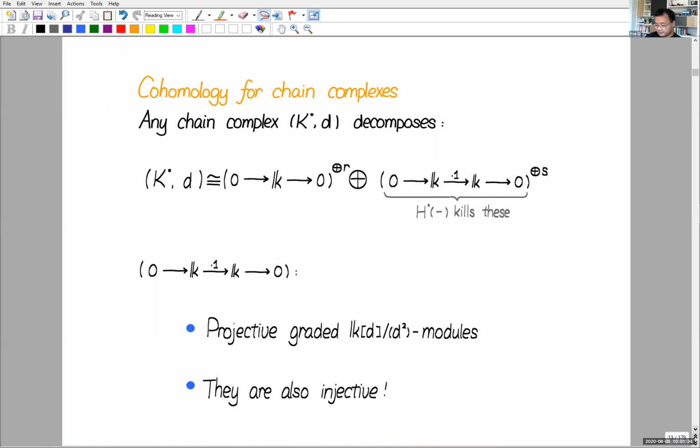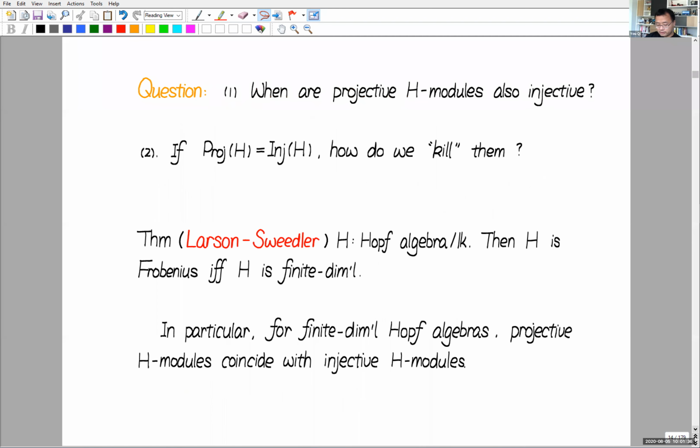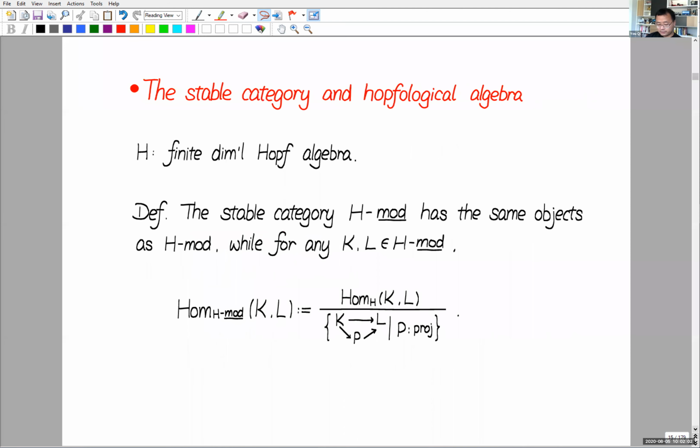To generalize this to arbitrary H-modules, we use the classical theorem of Larson and Sweedler, saying that a Hopf algebra has projective modules equivalent to its injective modules if and only if H is a finite-dimensional Hopf algebra, so it's Frobenius. Taking this categorical quotient of its representation category H-mod by projective-injective objects is equivalent to constructing the stable category of H-modules.